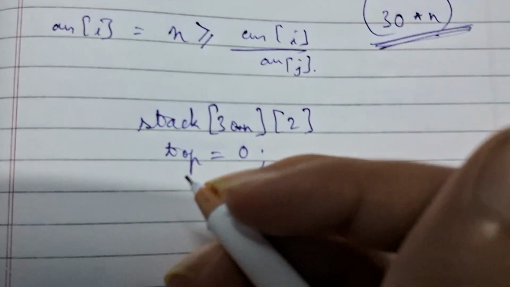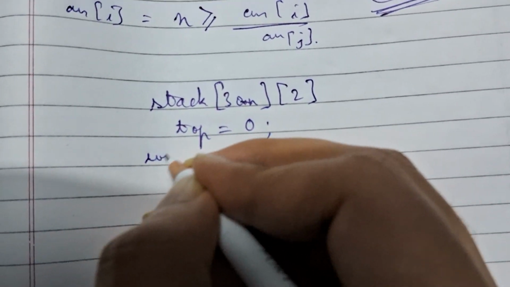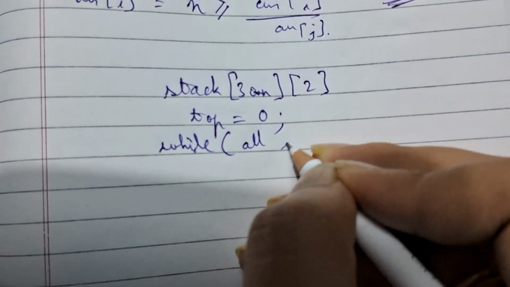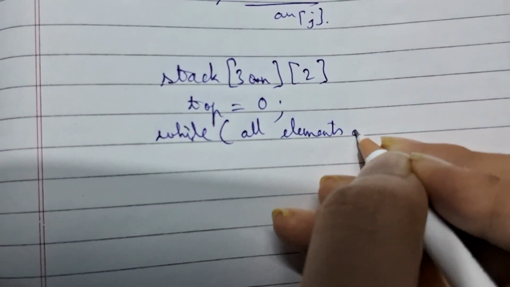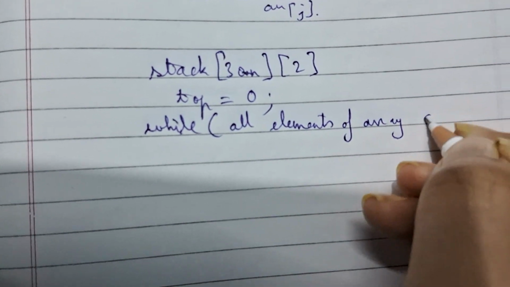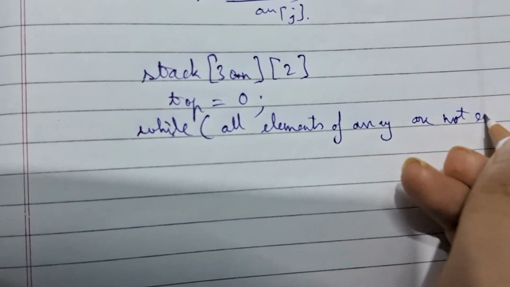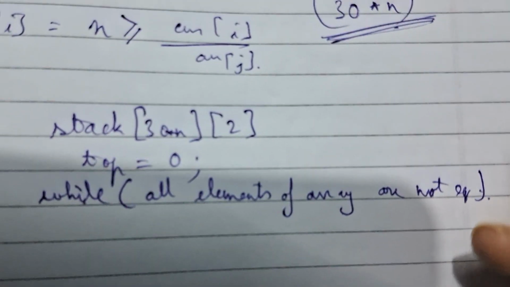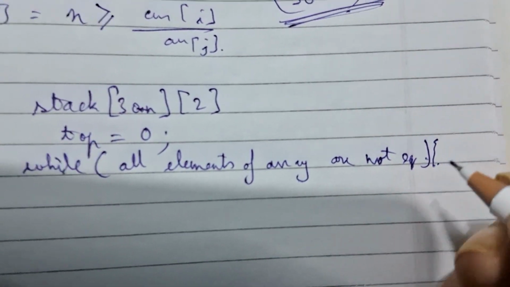So for this, we have to run a while loop while all elements of the array are not equal.